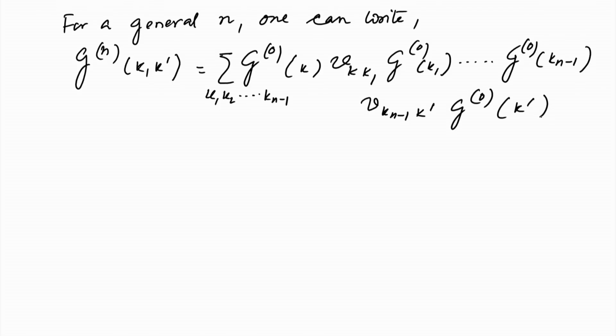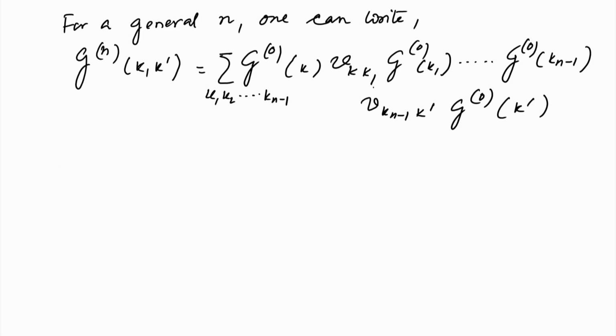So, at the nth order, we are simply able to write this in terms of n plus 1 non-interacting Green's functions, which are solvable, or which we have already found out, like 1 over I omega m minus epsilon k. Depending on which order one wants, one can find this Green's function till the nth order.